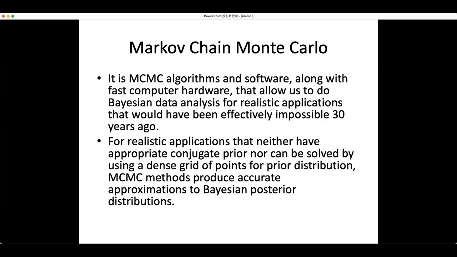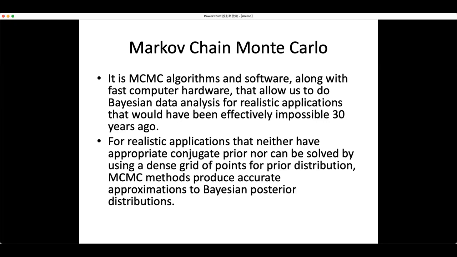In other words, the MCMC algorithm was really developed in the late 80s, early 90s. So in a long history of mathematics, the MCMC algorithms are really new. Really new thing, but of course it has a long and lasting impact.